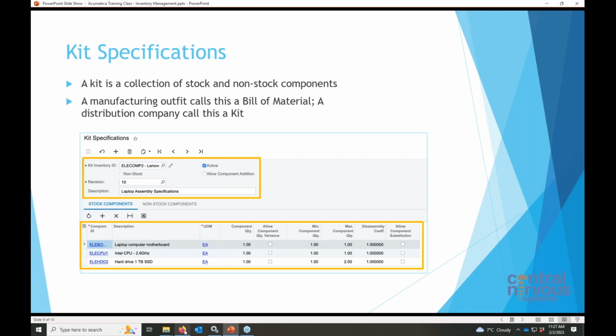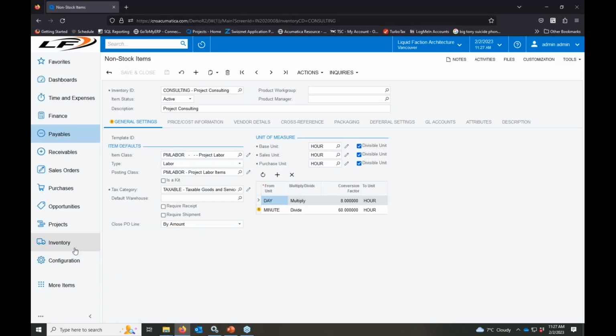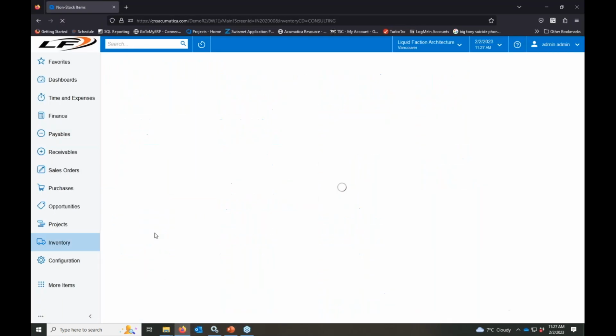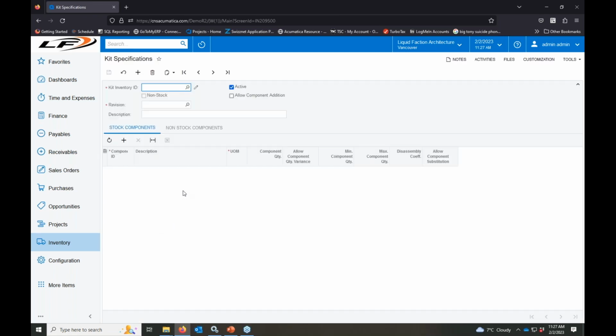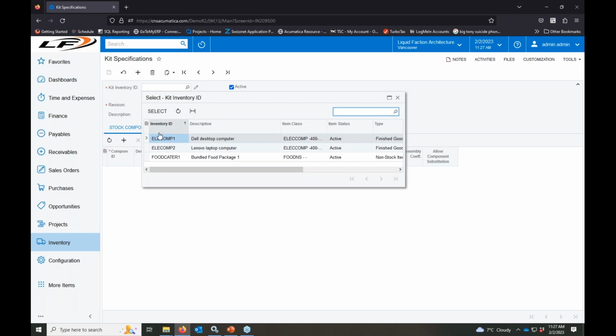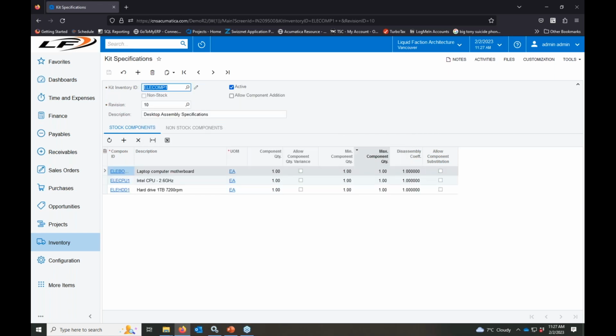If we head into Acumatica, we go to inventory, then kit specifications. If we look up that Dell computer we were looking at, oh, there it is, Dell desktop computer.